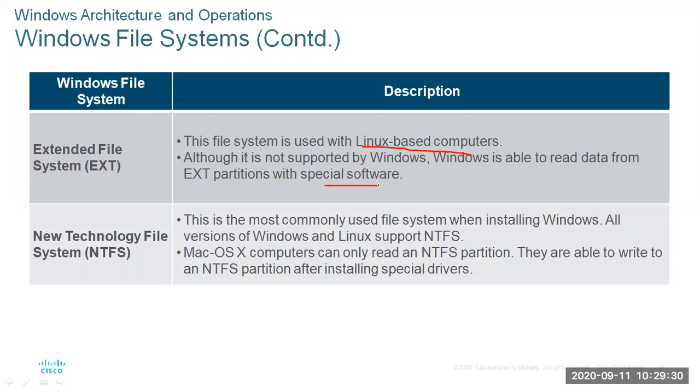And then the commonest one we know in Windows is NTFS, the New Technology File System. It's the most common one used when installing Windows, because it can take a large amount of data and bigger partitions. Mac OS X computers can only read from NTFS partitions, and they are able to also write on NTFS partitions after installing specific drivers.